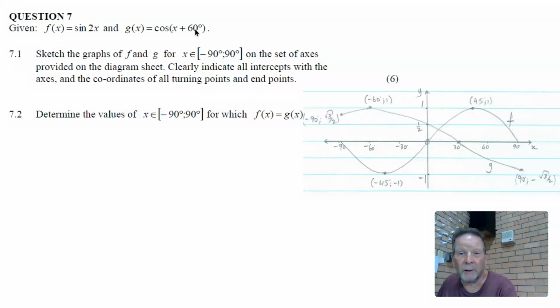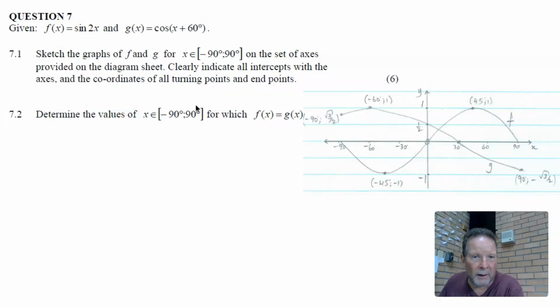The other way of doing it is to go, okay, minus 90 plus 60, that's negative 30 degrees. The reference angle is 30. If you put in minus 90 there, you get minus 30, and it should be positive. And it is positive root 3 over 2. So you can put those in your calculator.